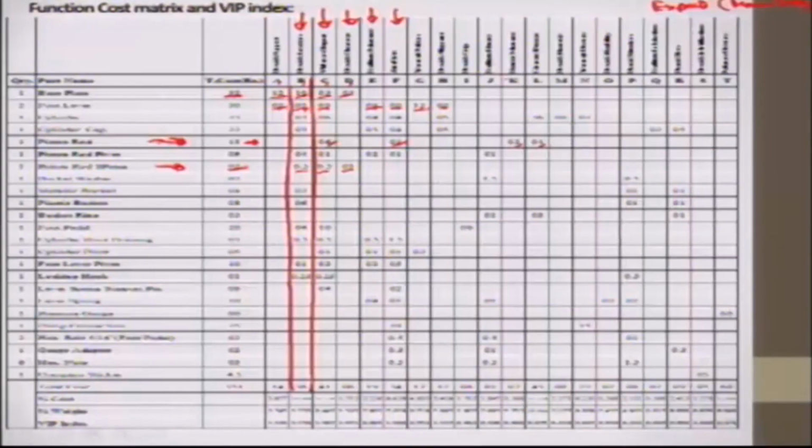Similarly, the cost of function L, that is my primary function, is this much, rupees 43. This is rupees 36. Again, I take the total of this cost: 14 plus 36 plus 41 plus 6. This would come out to be 351.